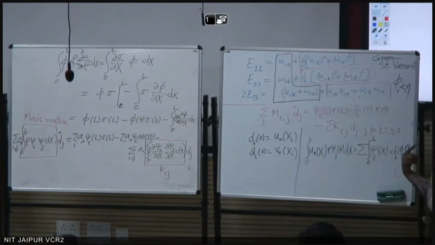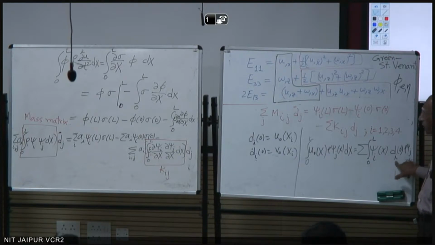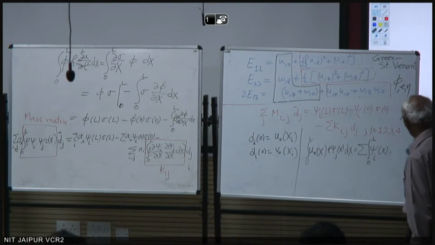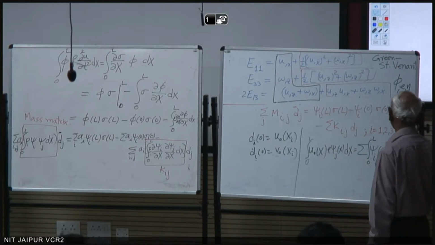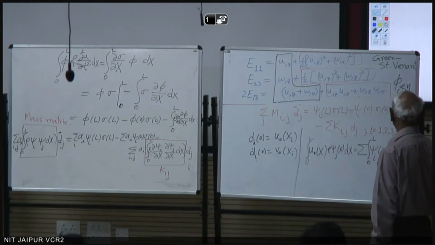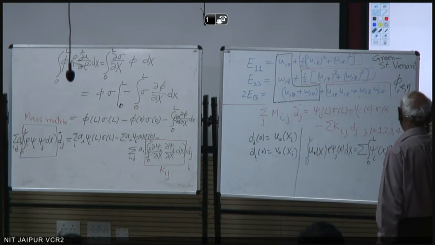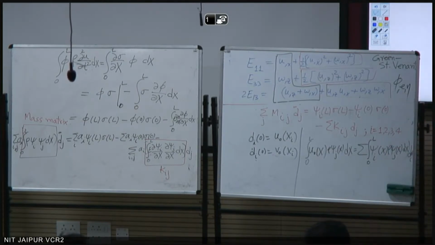So if we do that, this one comes out of the integral sign because there is no x in it. There was no x in it, so it came out of the integral sign.